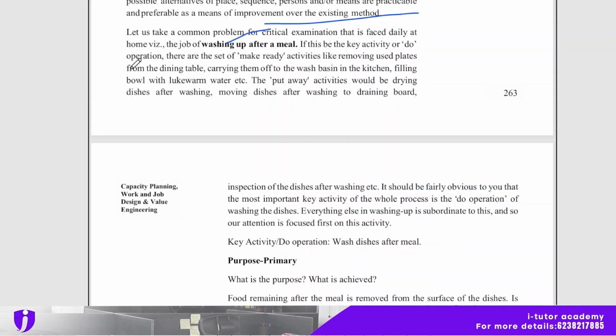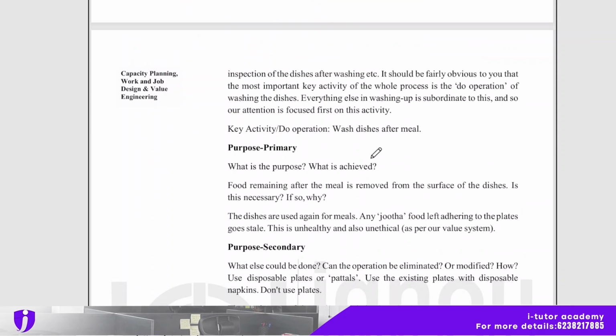If this is the key activity or do operation, there is a set of make-ready activities, like removing used plates from the dining table, carrying them off to the wash basin in the kitchen, filling a bowl with lukewarm water, etc. The put-away activities would be drying dishes after washing, moving dishes after washing to the draining board, and inspection of the dishes after washing, etc. It should be fairly obvious to you that the most important key activity of the whole process is the do operation of washing the dishes.